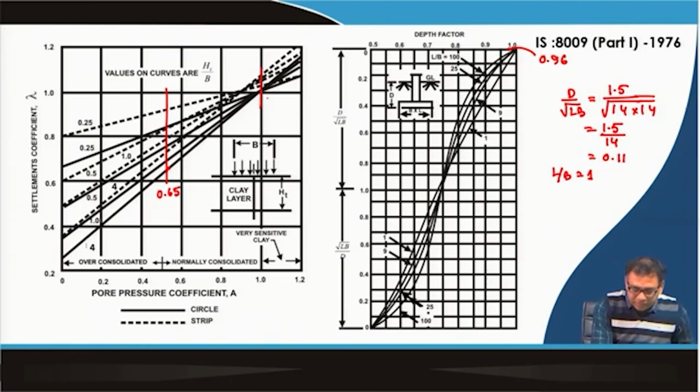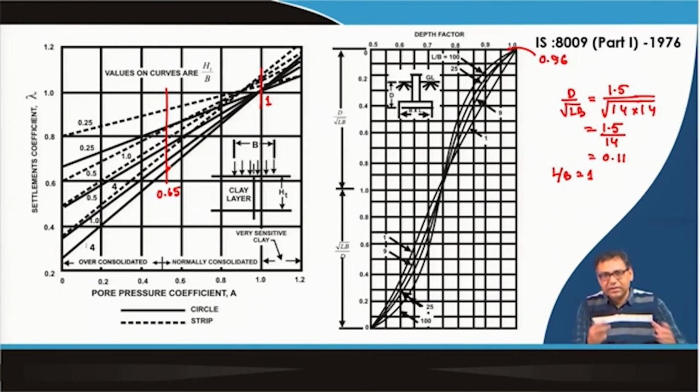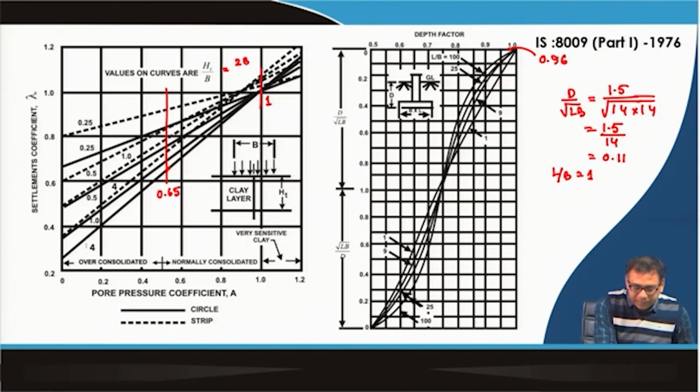Okay, this is 1, and definitely it will be this line, because H is the thickness of the layer below the foundation base, and with B, the thickness of the layer here is twice B. So, this means we are taking the thickness of the layer as twice B, and this is B. So, this is 2.